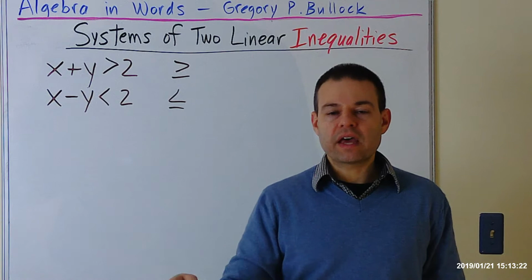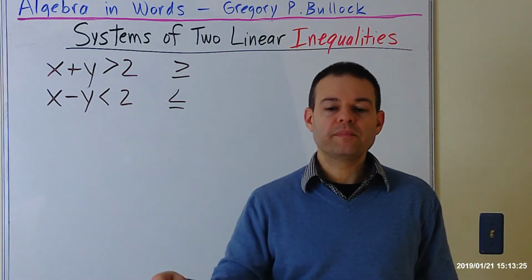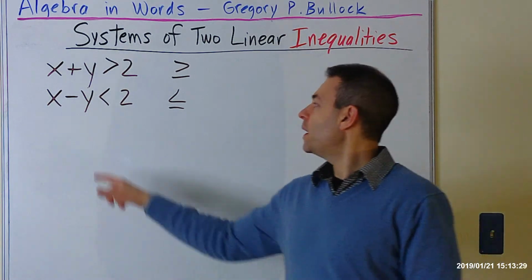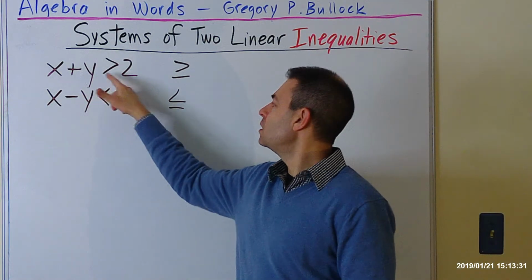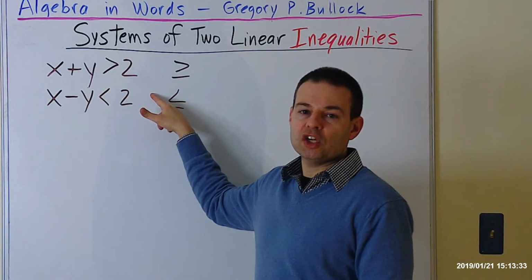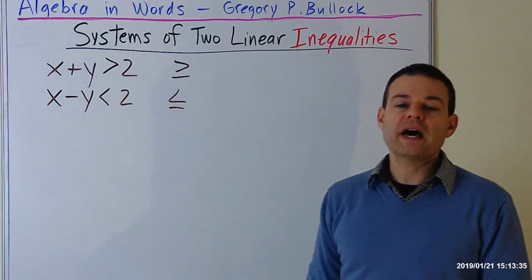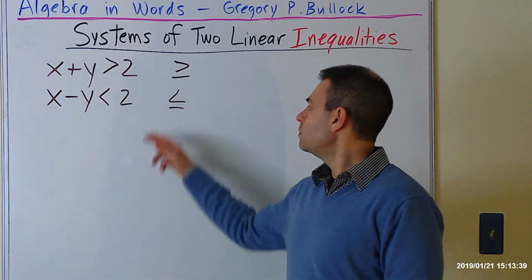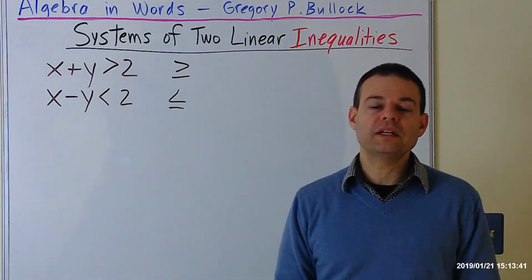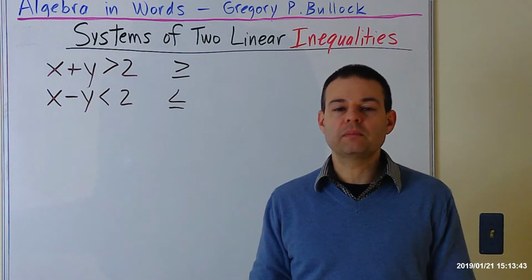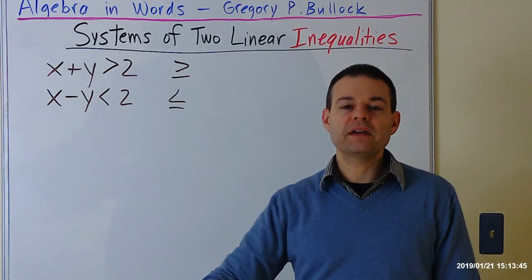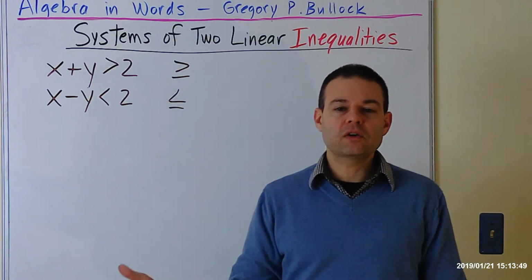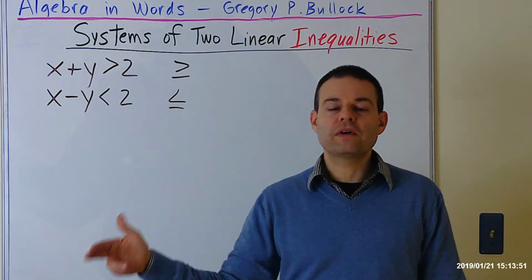After you determine a test point, the next step is to take the values of that test point for x and y and substitute them into each of the original inequalities. Simplify them down as much as possible, and you're going to get a simple inequality statement from each one. Then you read it and determine if that final statement is true or false.